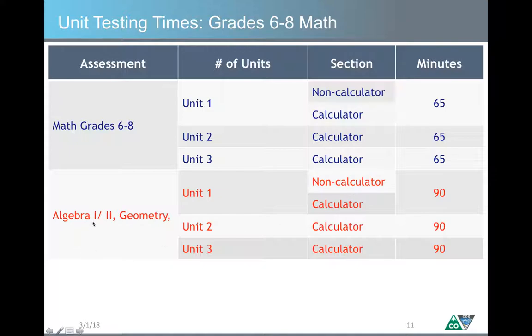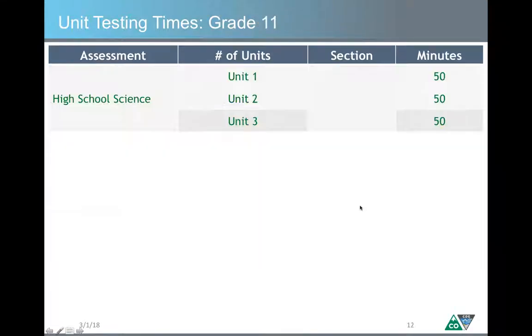Same goes with Algebra 1, Algebra 2, and Geometry, although we won't have anybody taking Algebra 2 this year. They all are 90 minutes long, and still Unit 1 will have a non-calculator section and a calculator section. And high school science is now only 50 minutes.